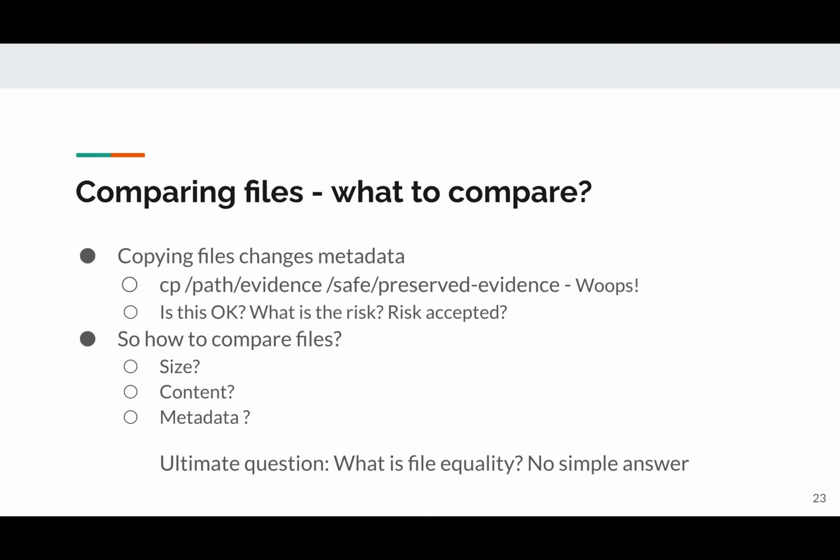So I need a way to compare the files at different layers. I want to compare the content and say that the content is exactly the same as the other content. Or maybe the metadata is the same, the metadata includes the size, or both the content and the metadata being the same. So I want to take all the file system related information, the inodes, the thing that tracks the metadata, which I'm going to talk more about in the file system module, and the content of the data as one unit.